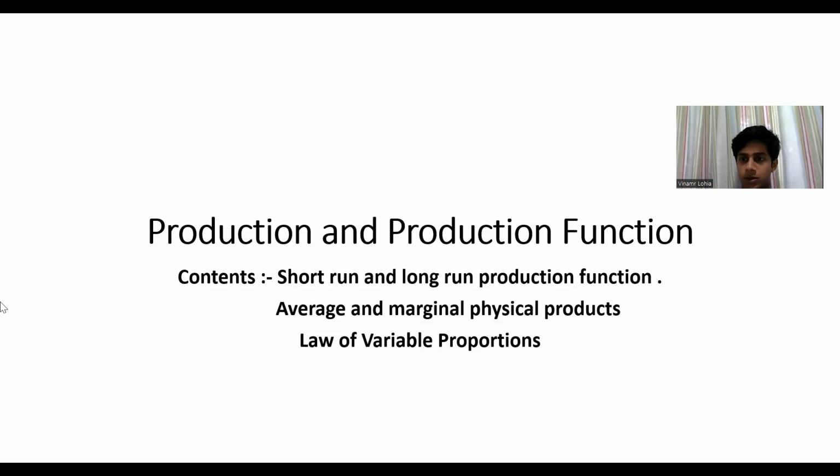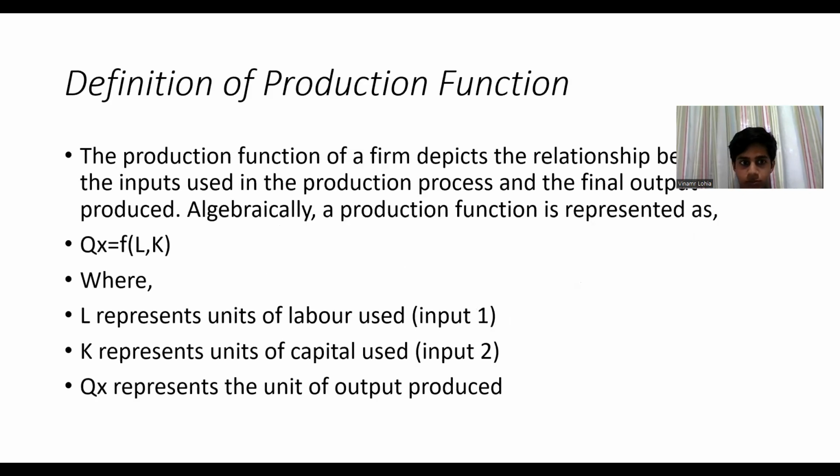So we'll start with production and production function, which is the next concept. There are short run and long run production functions, average and marginal physical products, and there's the law of variable proportions as well. The first concept is the definition of production function.